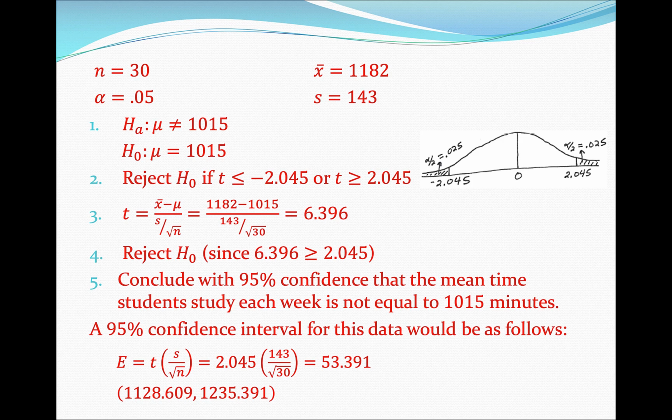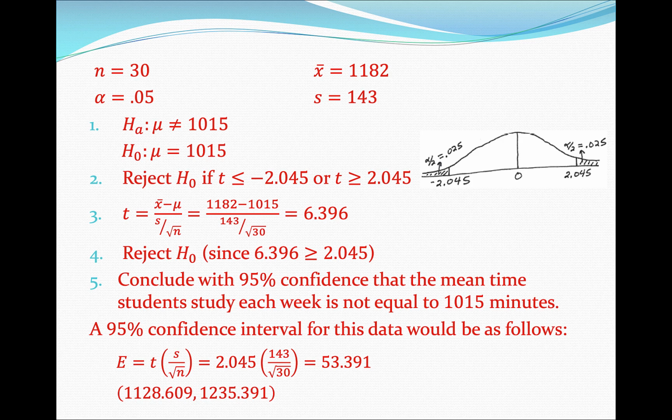So if we're 95% sure that the mean is between 1128.609 and 1235.391, we are also 95% confident that the mean is not 1015, because 1015 is not within the interval. So you can actually tell the outcome of this hypothesis test based on the confidence interval.